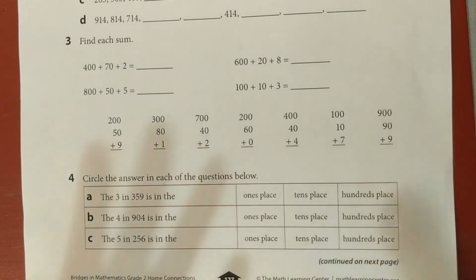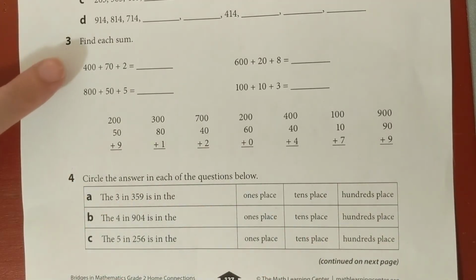Number 3 says, find each sum. Oh, I'm noticing that this really reminds me of expanded form like we looked at on the whiteboard. 400 plus 70 plus 2. So use what you know about expanded form to help you find these sums, to put these numbers back together into a number.